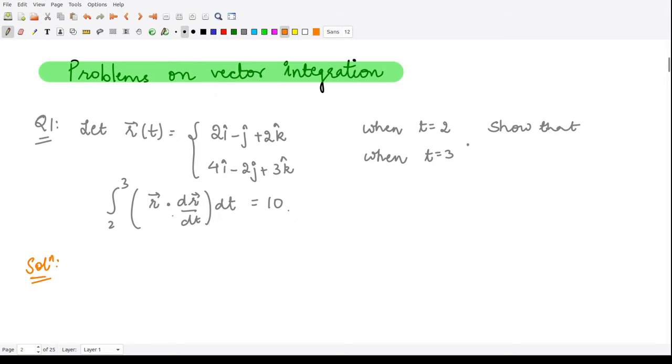For the solution, instead of first computing what is dr upon dt, and you already know what is r, and then taking the dot product, that won't be so easy. So we won't go like this. What if I can write this factor r dot dr by dt as the derivative of some other quantity?